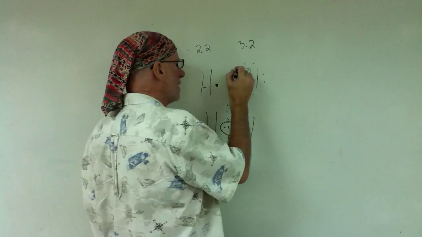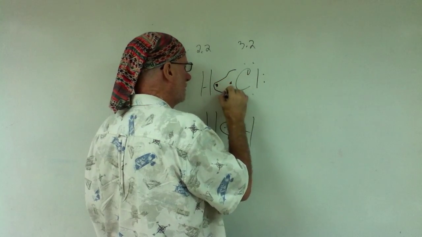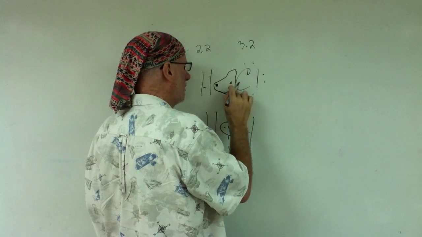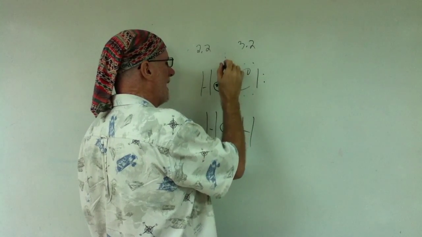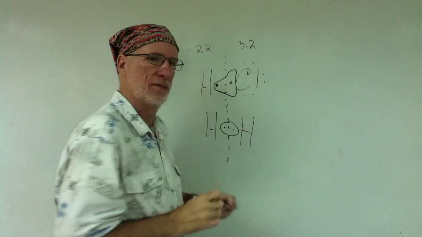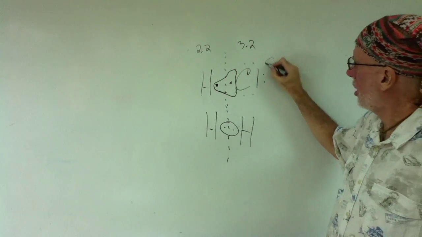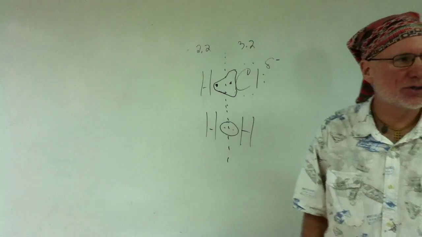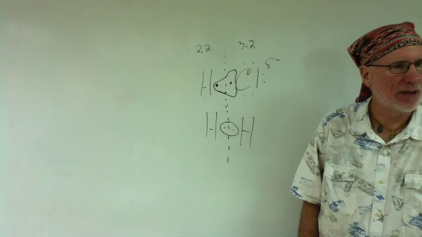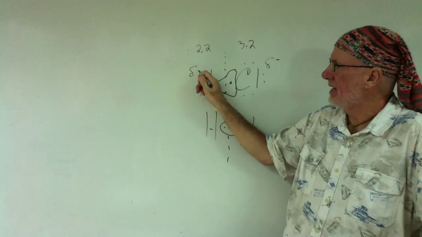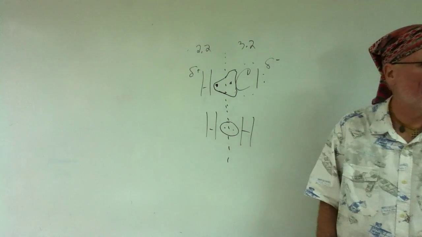Where you get this asymmetric distribution, you get this partial negative charge there, because you have a little bit more negative over there, and you're going to have a loss of negative, so it's going to create a little positive, right?